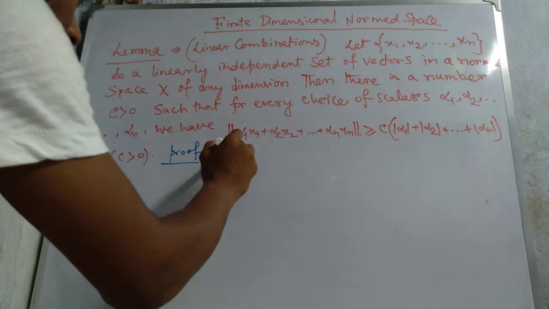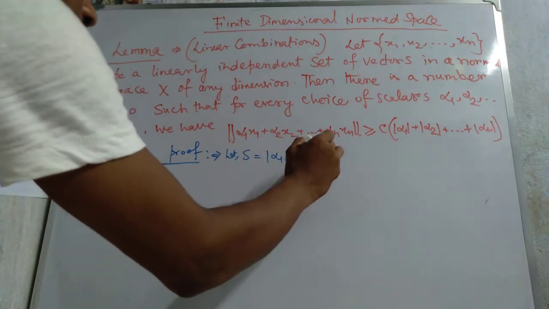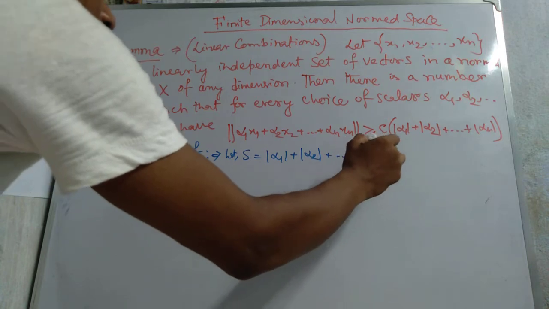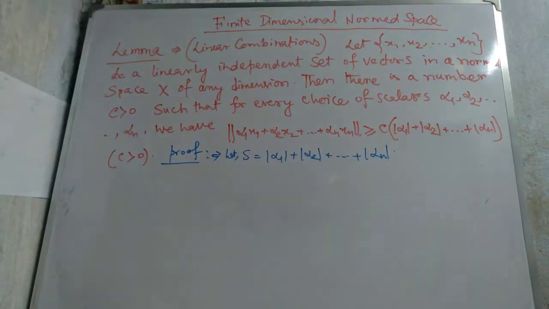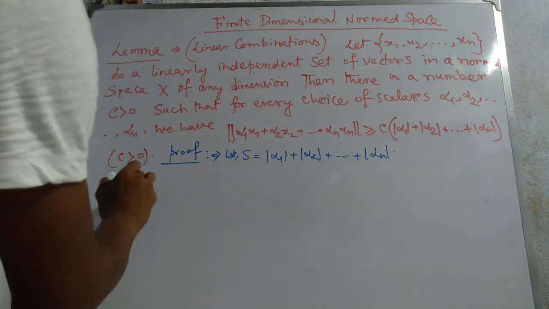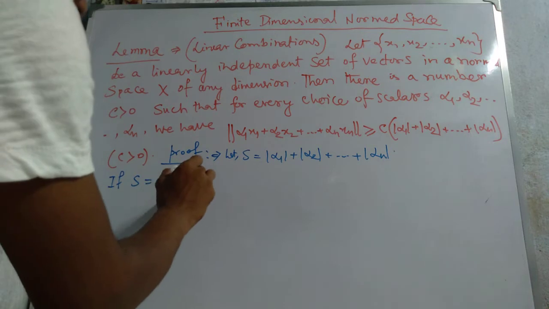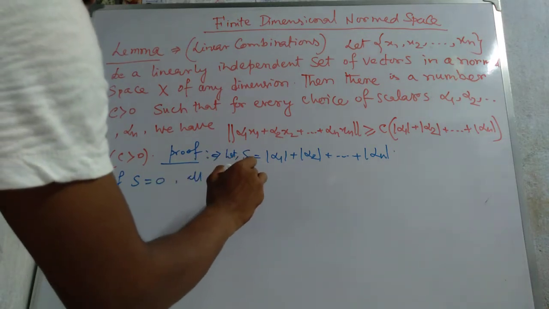Let s equal the sum of the moduli of alpha 1, alpha 2, ..., alpha n. Then if s equals 0, all alpha j are 0.